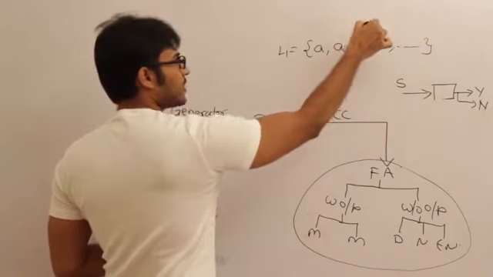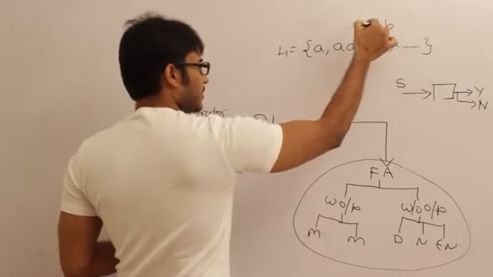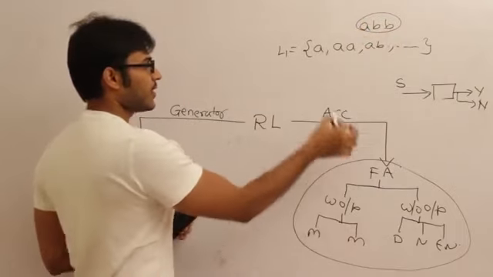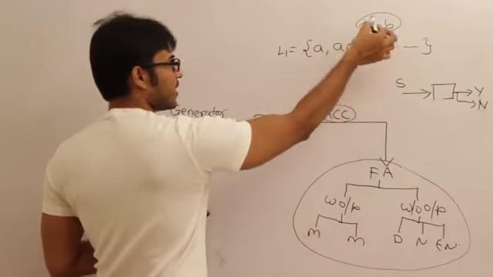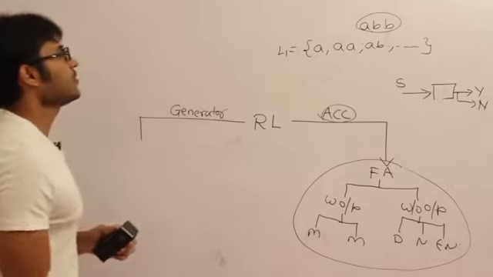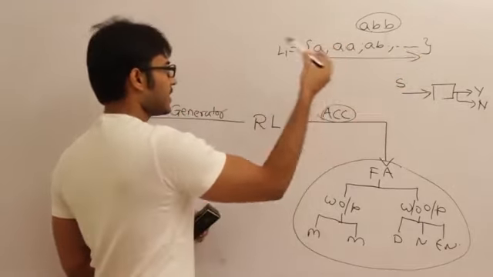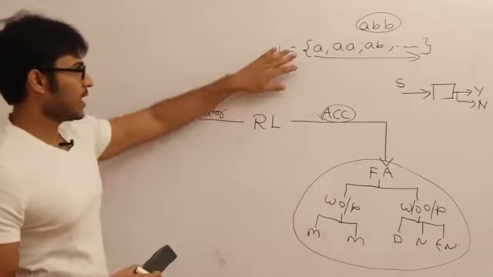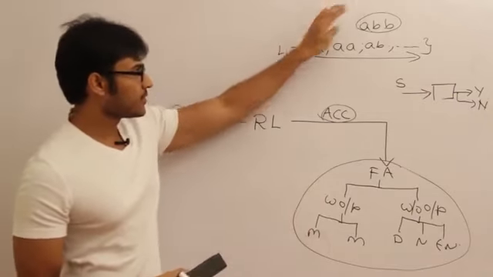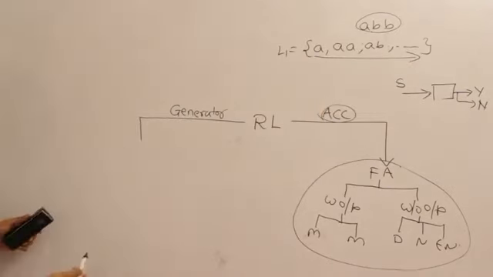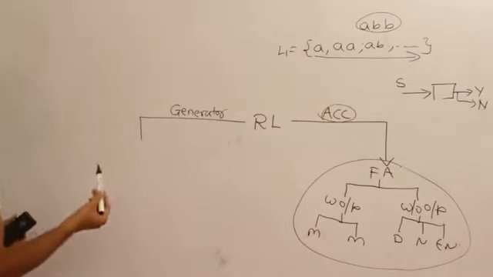Then given a string A, B, B, if I ask whether this is in this language or not, I can use acceptors, which will say yes or no. But if I want to generate the entire language, which means I want to enumerate all the strings, I'll not ask about one particular string. I want all the strings present in the language. Then I can use generators. Generators are nothing but grammars.